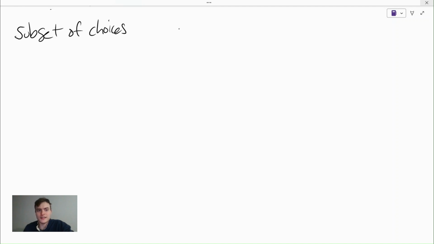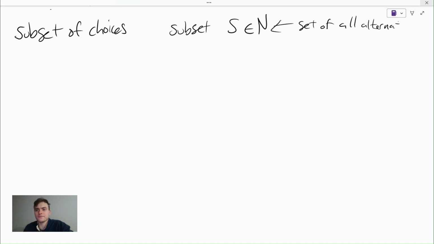So if a subset S is contained in N, where N is the set of all alternatives, then the choice probability Qi given S, we could write that as a function of mu and S, or put them in the subscript, whatever.